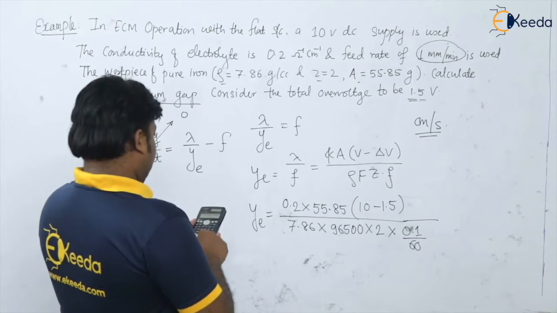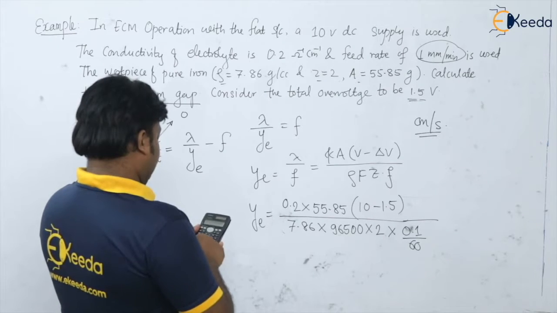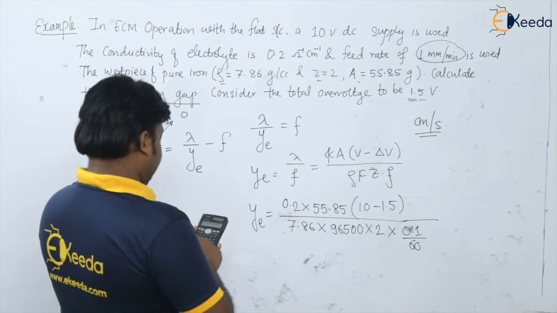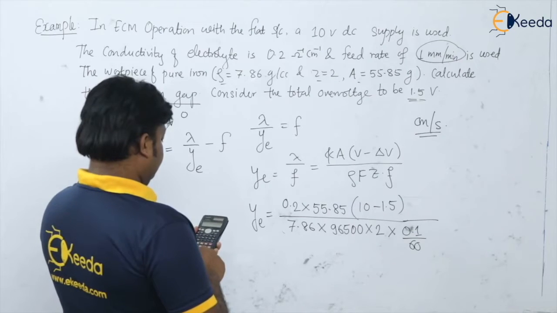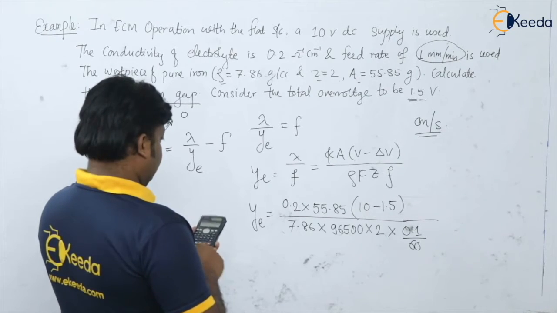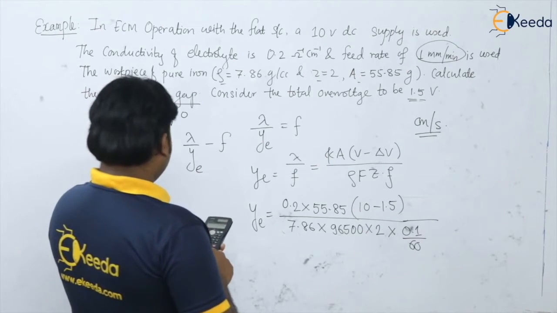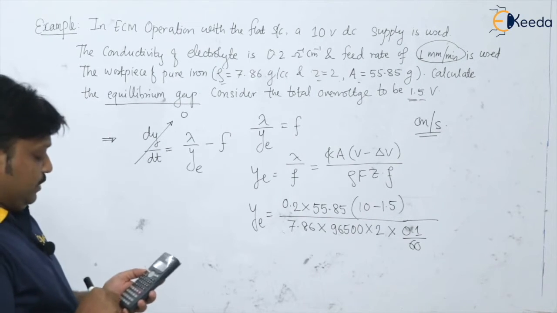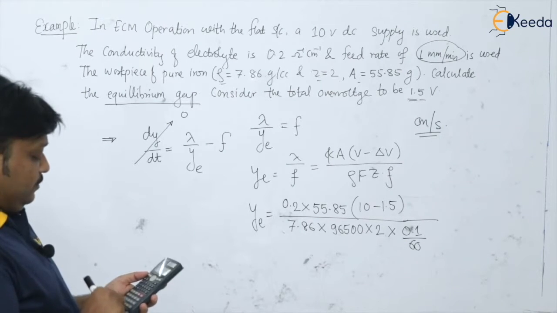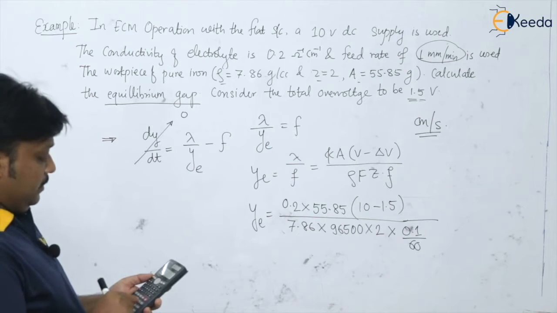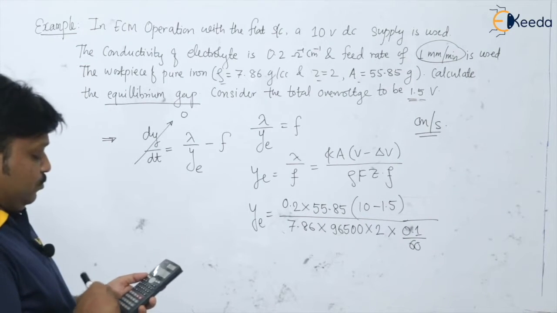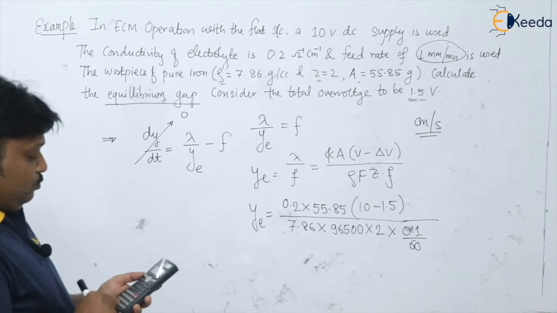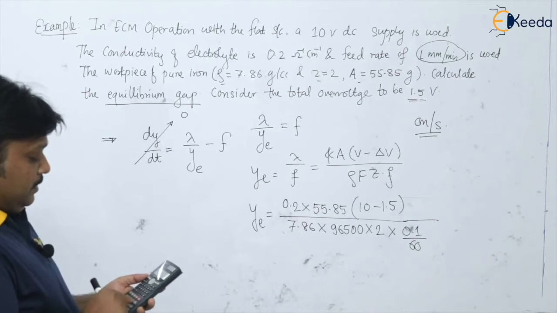That is 0.2 into 55.85 into 8.5, divided by 7.86, divided by 96500, divided by 2, divided by 0.1 into 60.